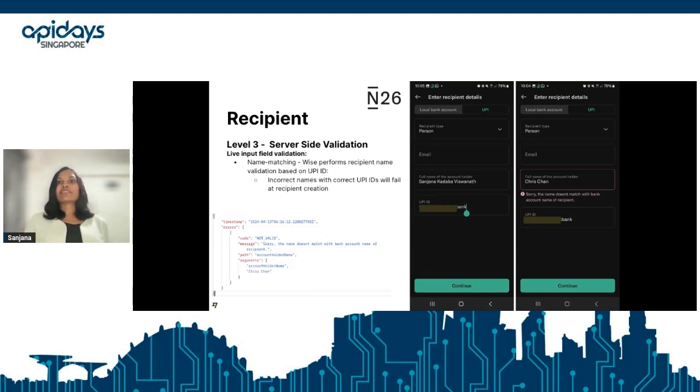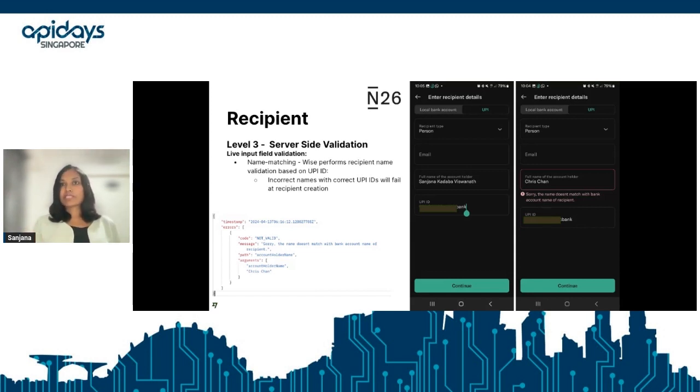So here is another screen from N26 Bank, which is a German neobank headquartered in Berlin. If you see on the screen, this actually validates a full name, which is matched to the UPI ID. When the name is correct, it's actually my own UPI ID, so you don't get any error back.